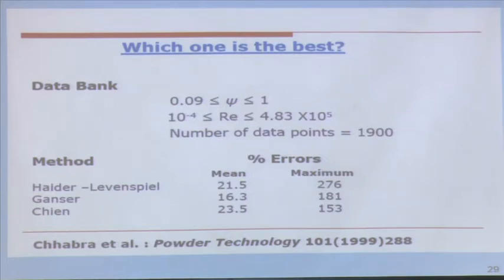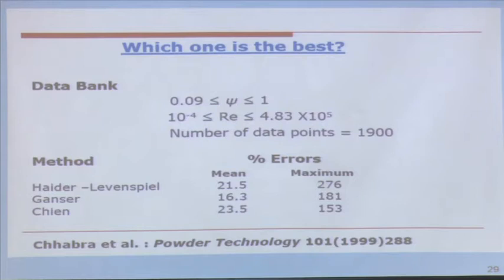If I compare, another message I want to give here, look at the data bank: sphericity varies from 0.09 to 1, which means a large shape domain of particles. The Reynolds number range is 10 to the power minus 4 to 10 to the power 5, a huge size range with huge differences in the shapes.